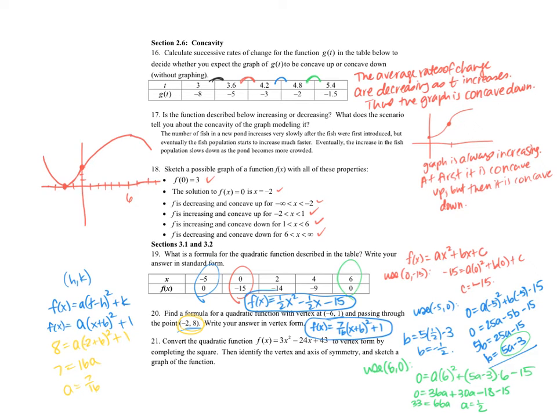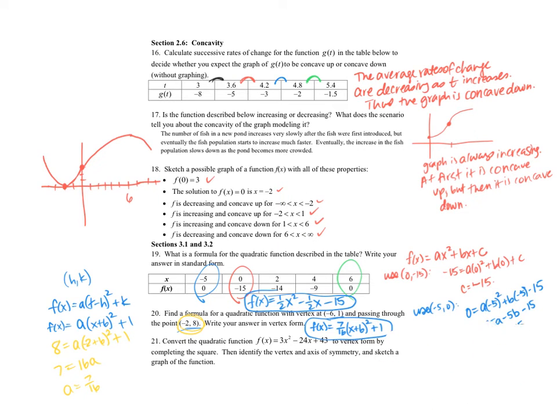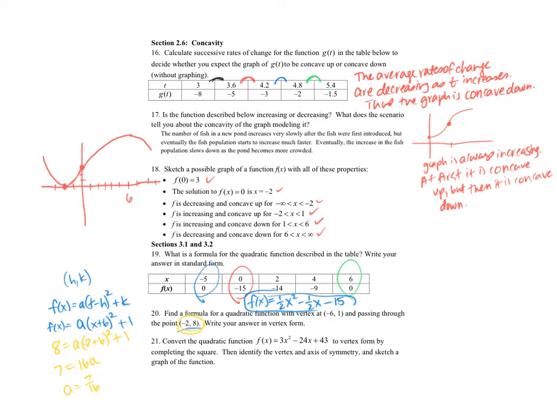21, convert that to vertex form by completing the square, then identify the vertex and axis of symmetry and sketch. Oh, so lots of steps here. Okay, so I'm going to erase this. All right, now I want to convert it to vertex form by completing the square.